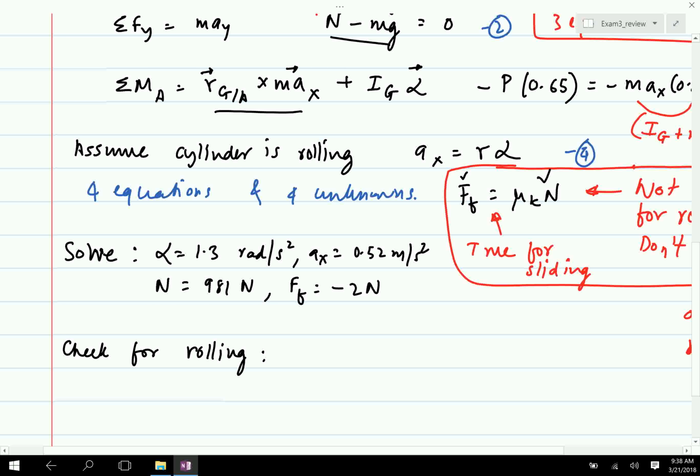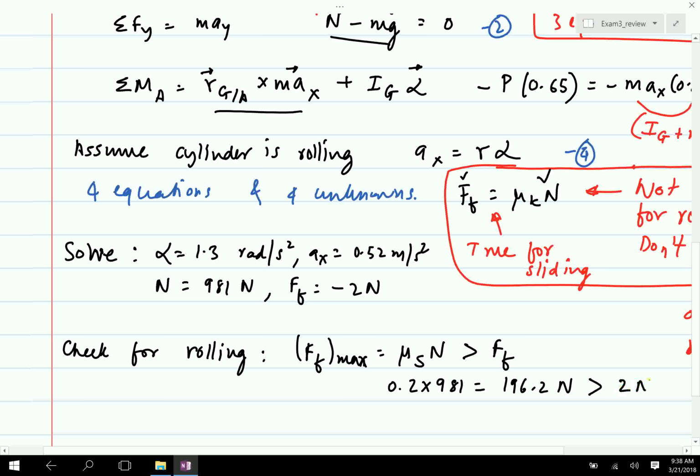The condition for rolling is that the friction force max, by that I mean mu s times n, should be greater than the friction force which you found. So mu s is 0.2, normal force is 981, which comes out to be 196.2 newtons, which is clearly greater than 2 newtons.